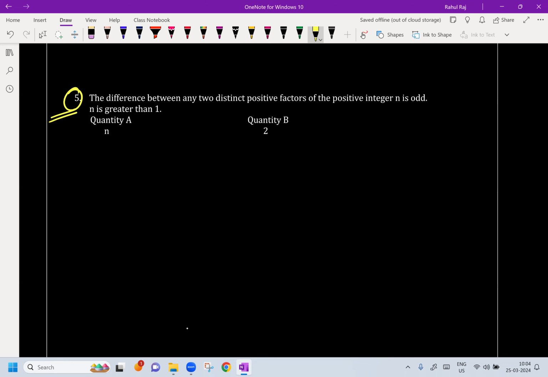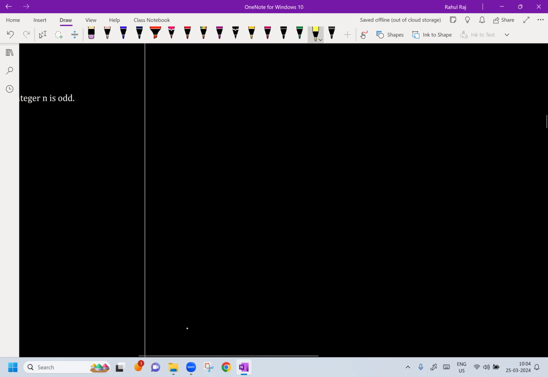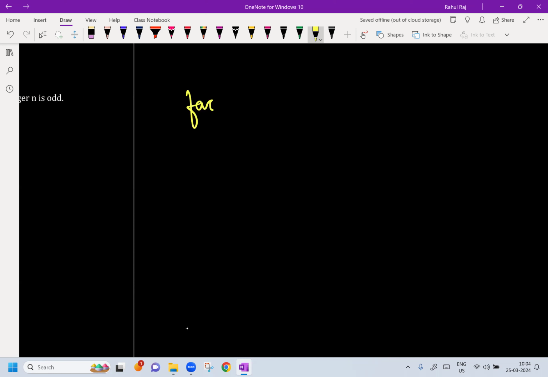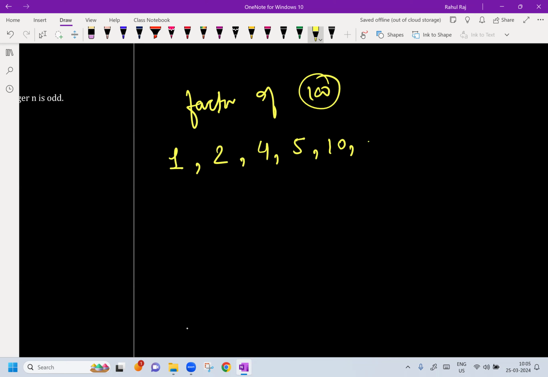So imagine I ask you what the factors of 100 are. The numbers that divide 100 with remainder 0. So 1 is a factor of all numbers by default. 1, 2, 4, 5, 10, 20, 25, 50, 100. These are the factors of 100.